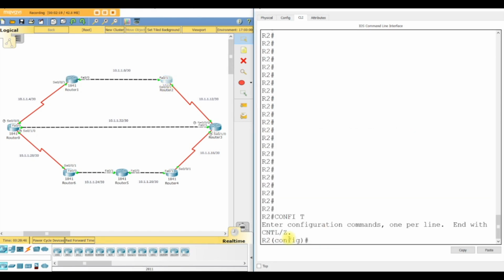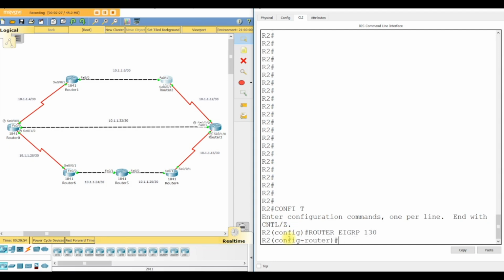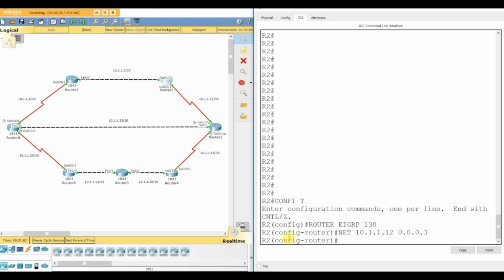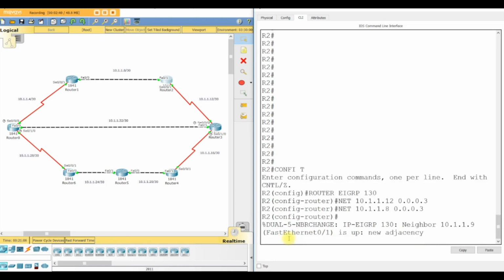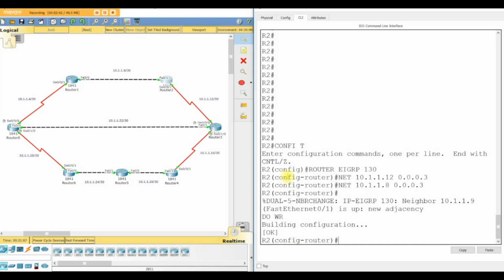Config t, router EIGRP 130, net 10.1.1.12 0.0.0.3, enter, and then up arrow, and then we do the 8.